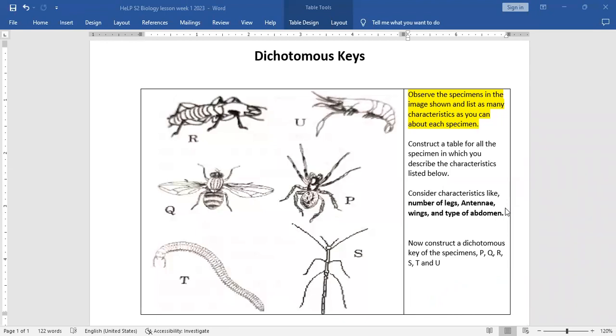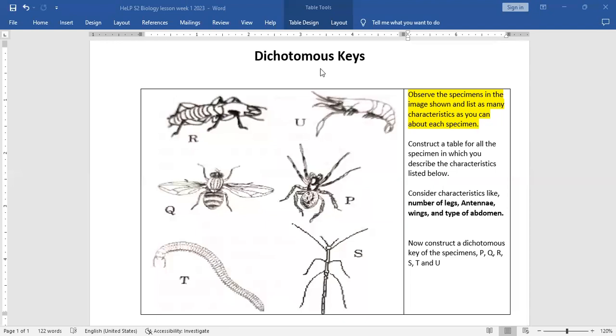That's all I can see. I've been observing. That is very good. Let the rest of us build on that. We all agree when we look at specimen Q that it has 6 legs. I think you can see this pair that is below the wings. So it has 6 legs.